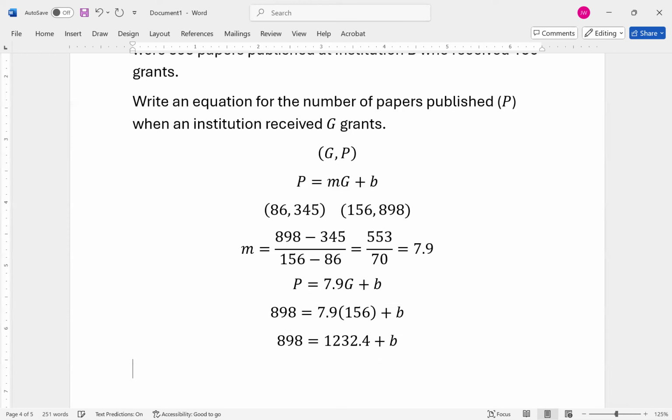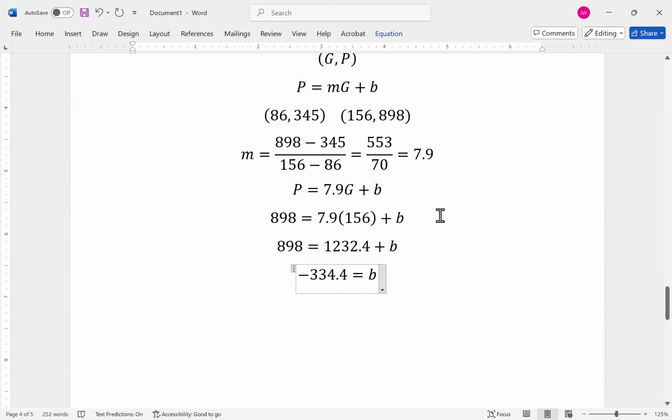And therefore, in order to find B, I would subtract 1,232.4 from both sides. That gives us a negative 334.4 is equal to B. So the equation that I should be using is that P is equal to 7.9 times G minus 334.4.